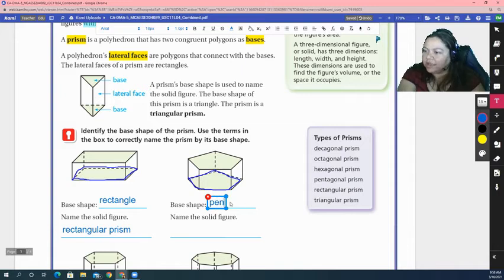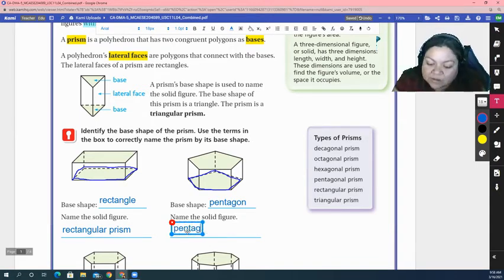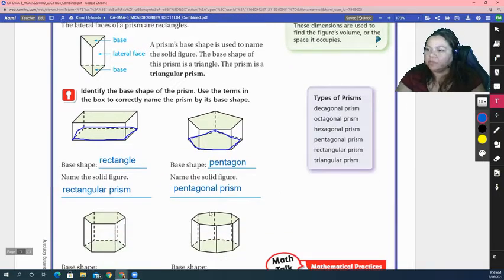A pentagon has 5 sides. And because this is connected with rectangles into a three-dimensional solid, then we call this a pentagonal prism.